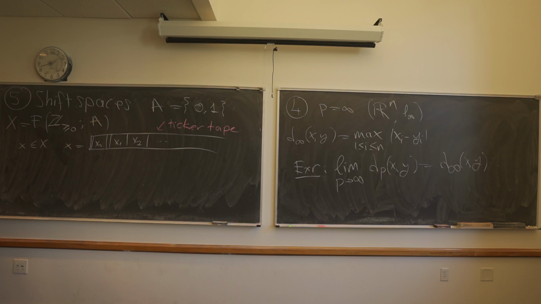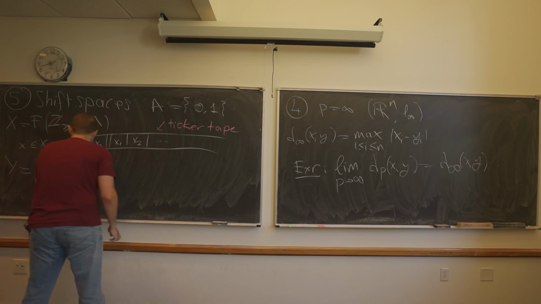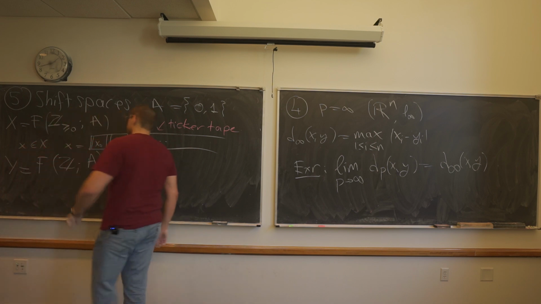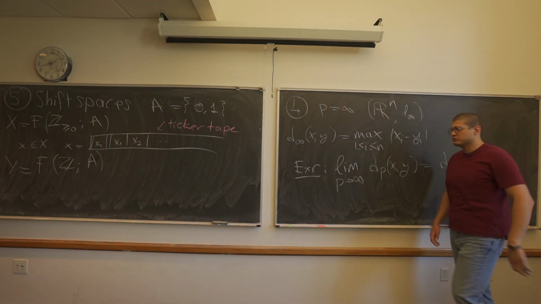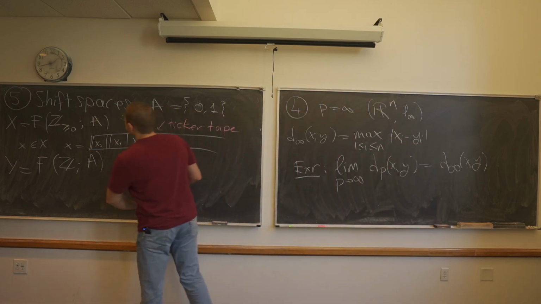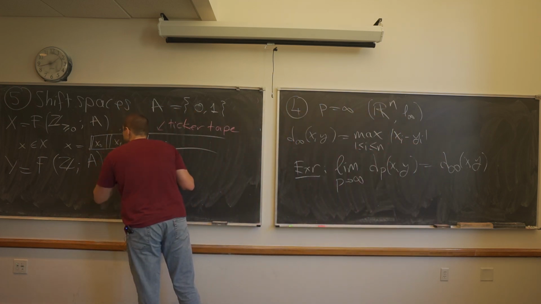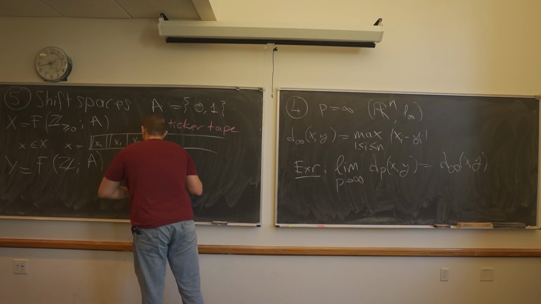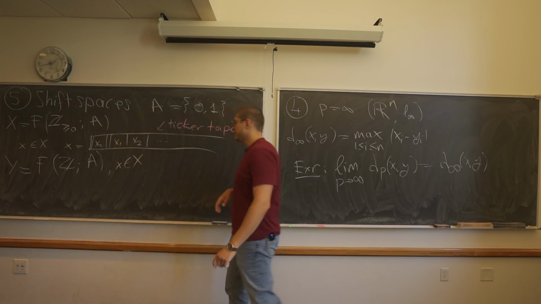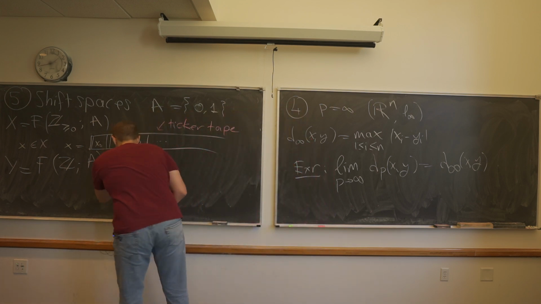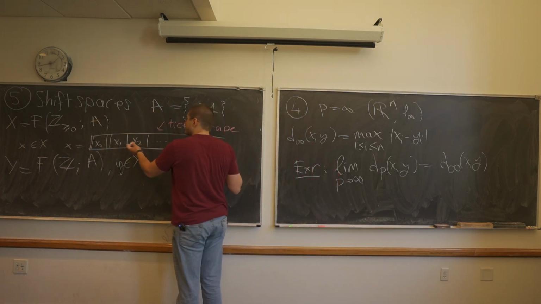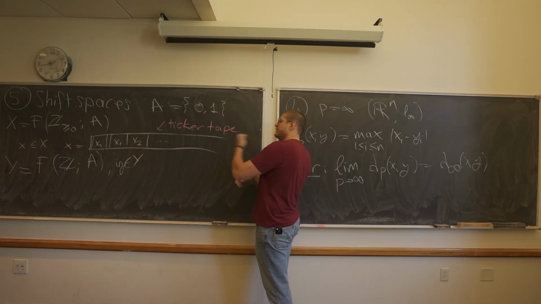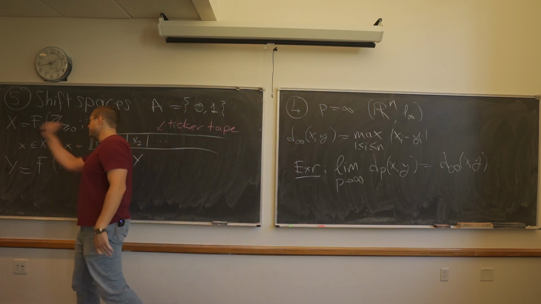Let's say y is like this: all functions from all integers, negative included, into the alphabet. A point here in this space, lowercase y, is basically the same thing, except that instead of running off to infinity in one direction, it runs off to infinity in the negative direction also.